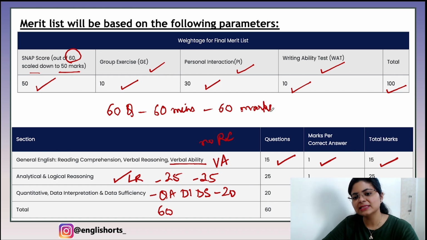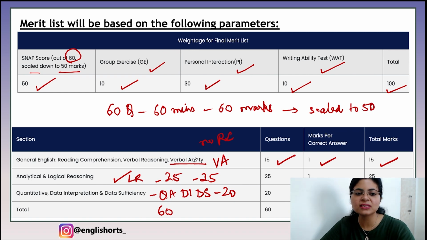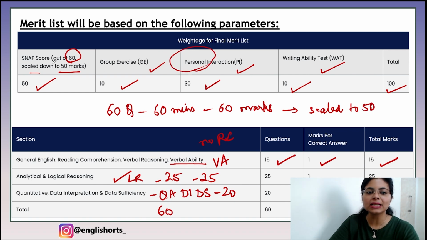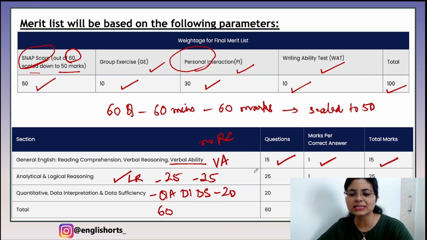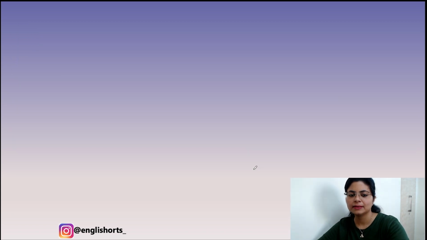Okay, and then this is normalized or scaled down to 50. Okay, so the maximum weightage is given to the personal interaction and the snap score. Then of course 10 marks are given to WAT and group exercise, right?